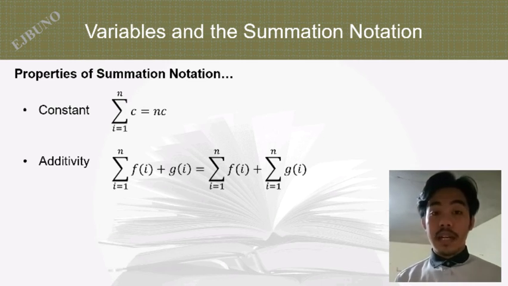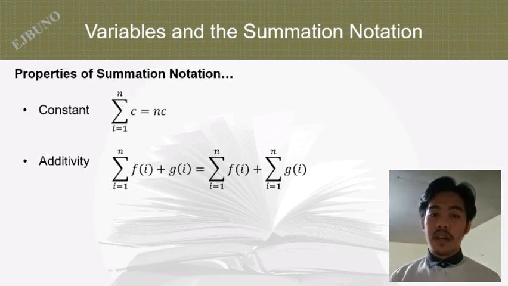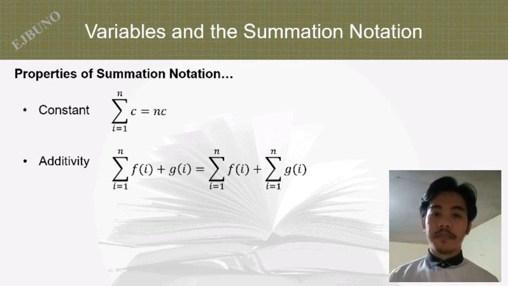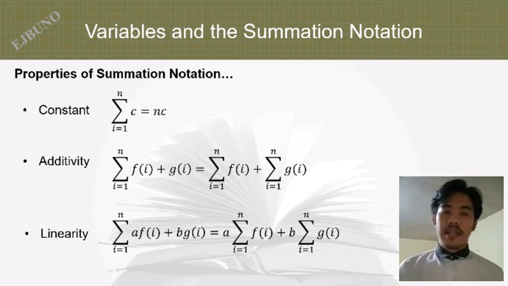Additivity property of summation. When we are doing summation of two terms, we can first break them down into the summation of the first term plus the summation of the second term. First find the sum of the first summation, then the second summation, and then add them up. Linearity property of summation.